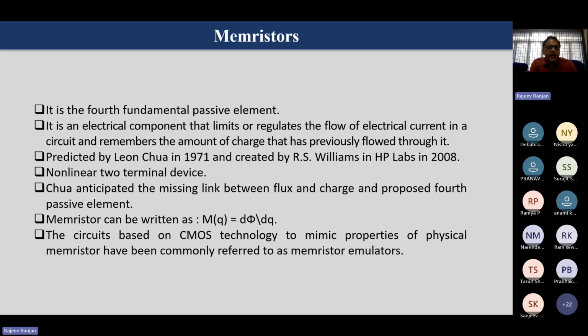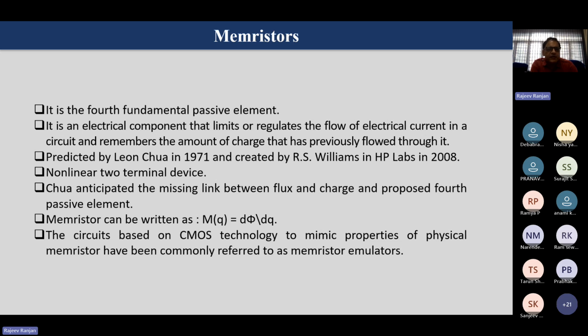It was predicted in 1971 and created by R.S. Williams in HP laboratory in 2008. This is a nonlinear device, and at high frequency it behaves like a linear one. Chua anticipated the missing link between charge and flux, proposed as the fourth basic fundamental element.